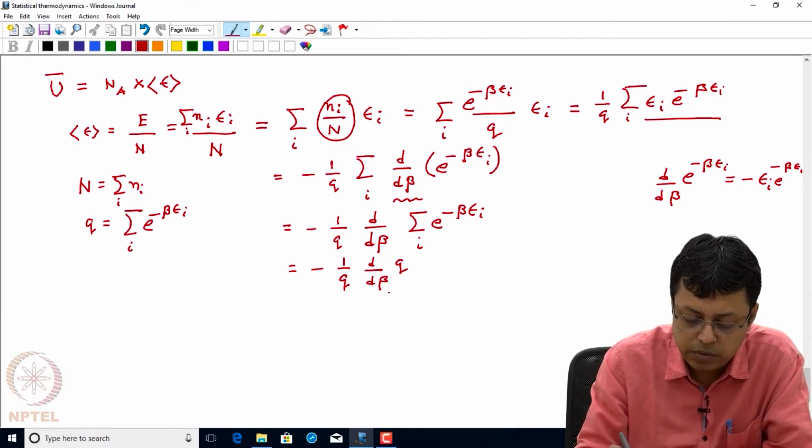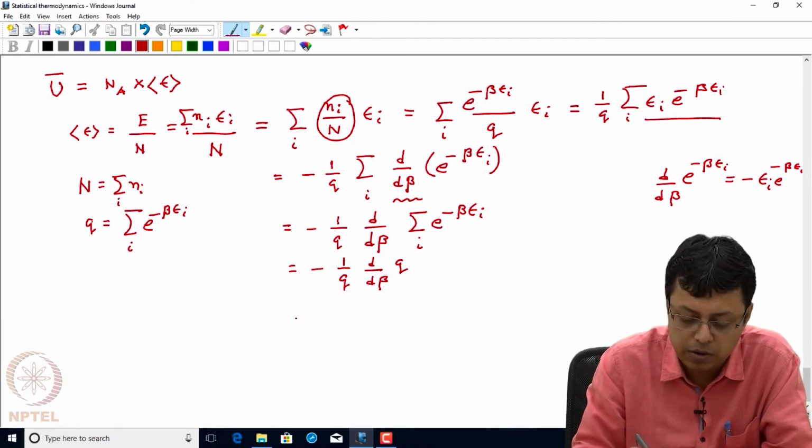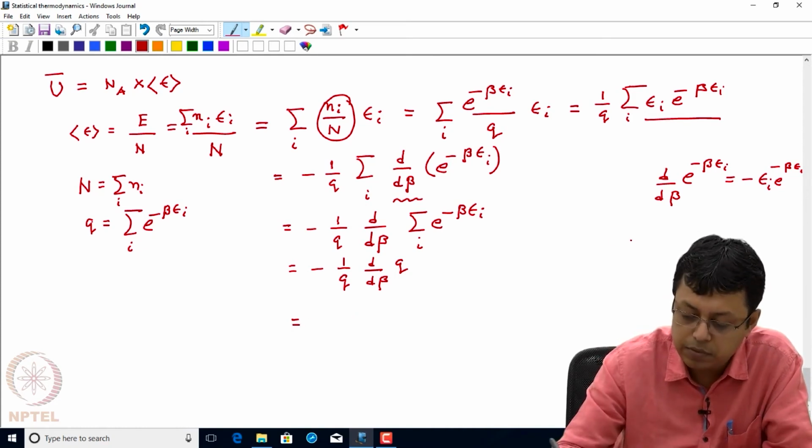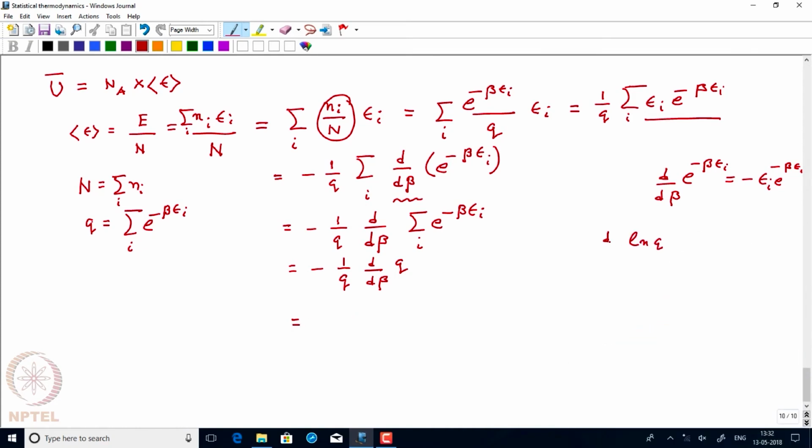Now what is this quantity, 1 over q dq d beta? This is nothing but, if I take ln q and take the derivative with respect to beta, I'll have 1 over q times dq d beta.